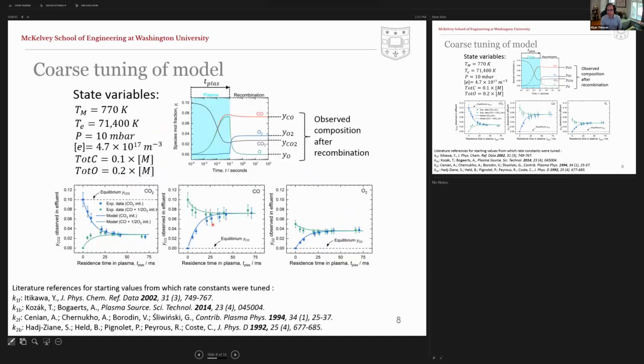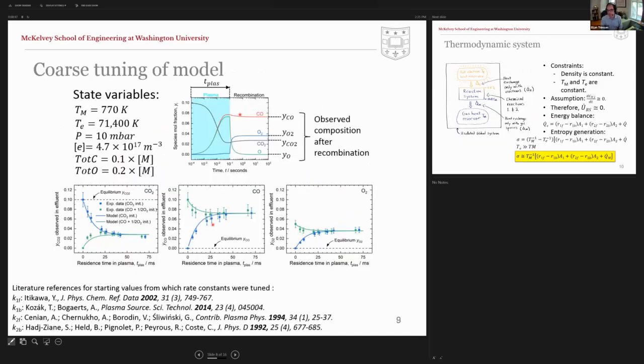So now what we do is we tune this model. And so in the model, we change the reaction time and look at the composition that's observed after recombination. And what we do is we tune those rate constants until the observed composition as a function of the prescribed residence time matches the experimental results.